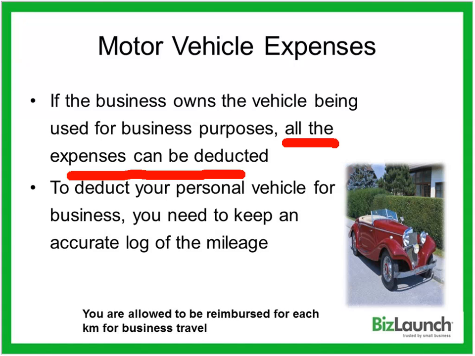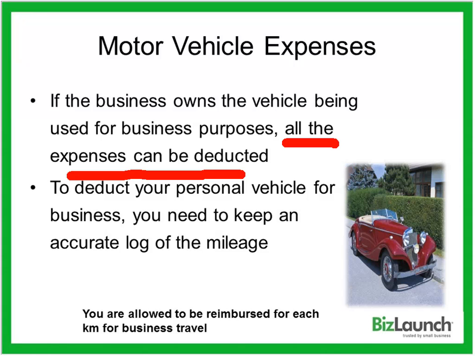The other example is if you use your personal vehicle. If you use your personal vehicle, what you've got to do by law is keep an accurate log of the mileage. So I've got to keep an accurate log saying I went from Toronto to Windsor with my personal vehicle, which is about, I think, 300 to 350 kilometers, okay?